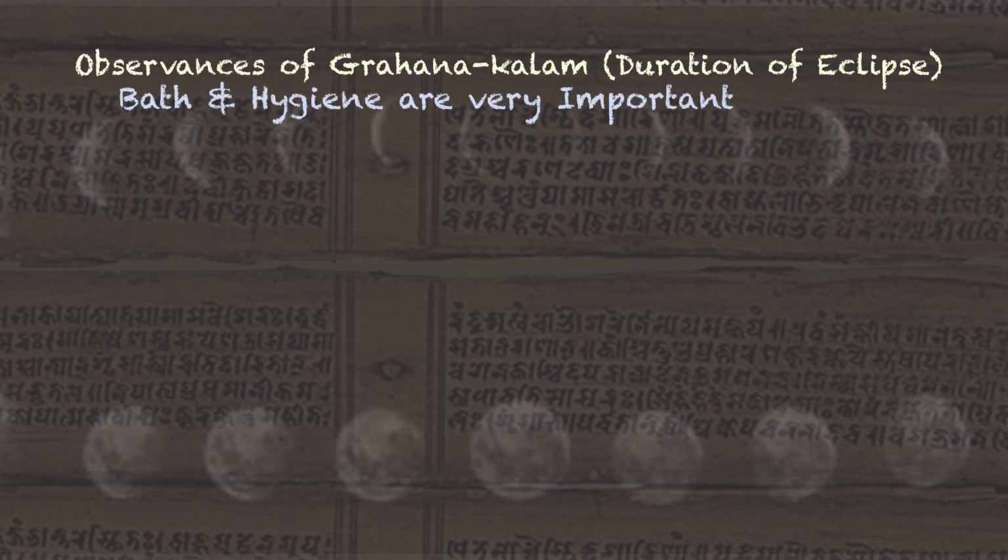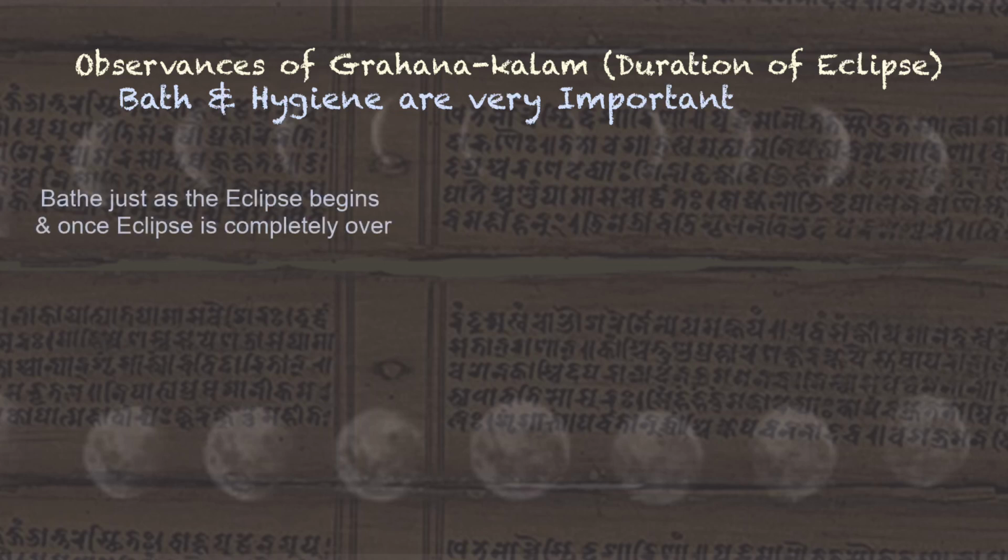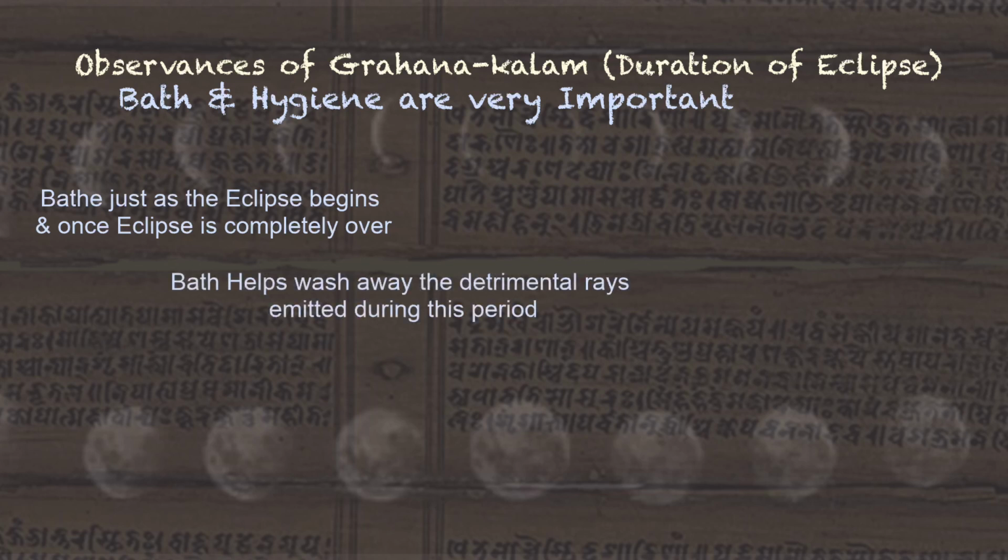Bath and hygiene become an important observance during this period. A bath is advised at the onset of the eclipse and another after the eclipse is fully complete. This helps to wash away the ill effects of the rays emitted during the Grahana period.